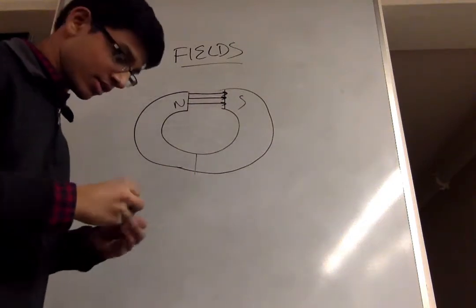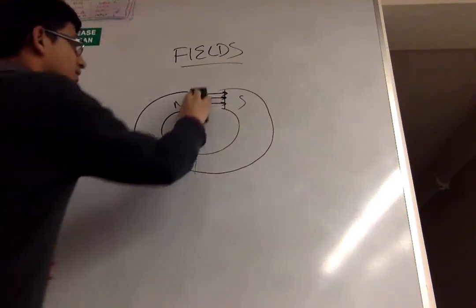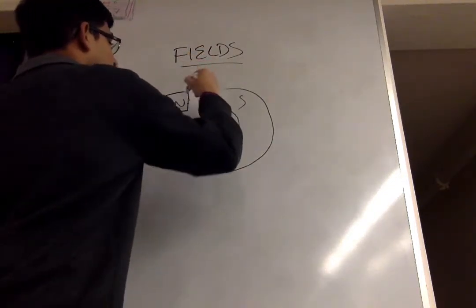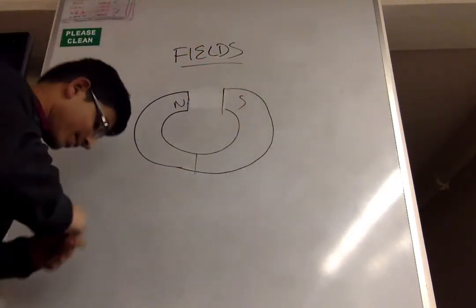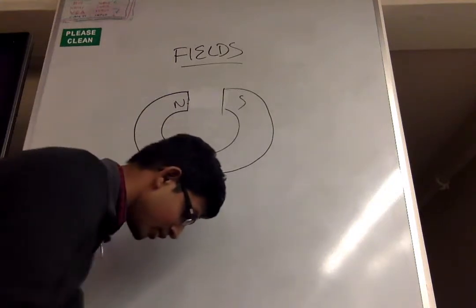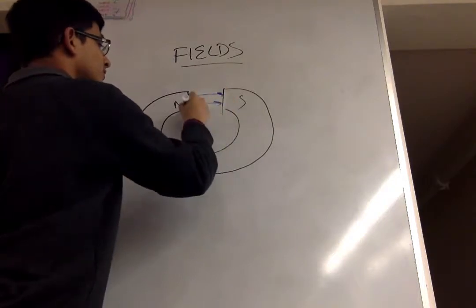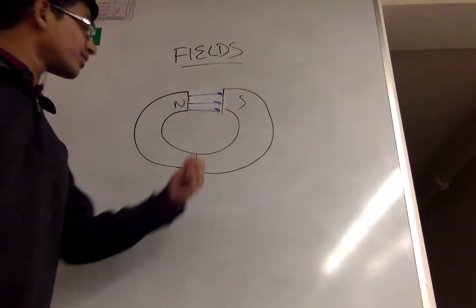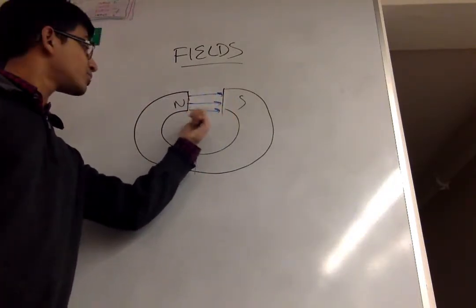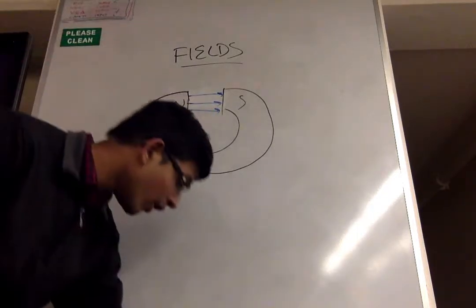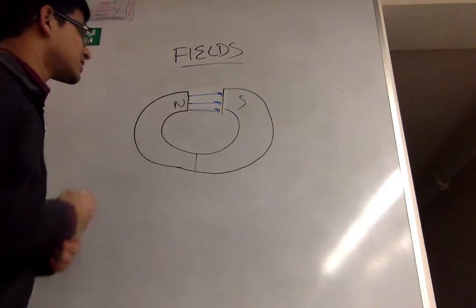Perhaps in a different color it'll be easier to visualize because I'm not sure how clear all this black is. Let's see. I'm going to use blue because that's the only other color I have. So you'll see that the B field is shown in these blue arrows, and these arrows are indeed called magnetic field lines.